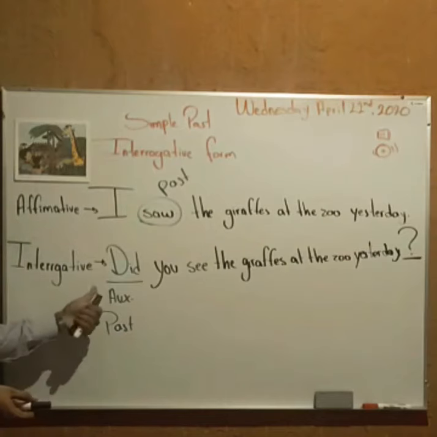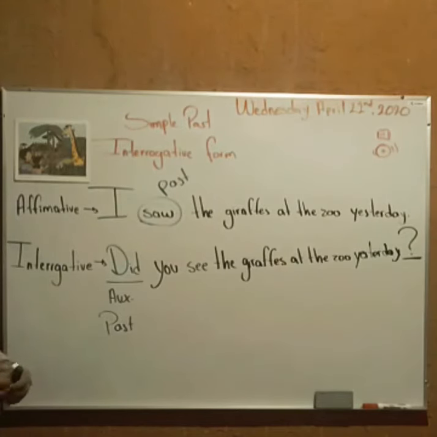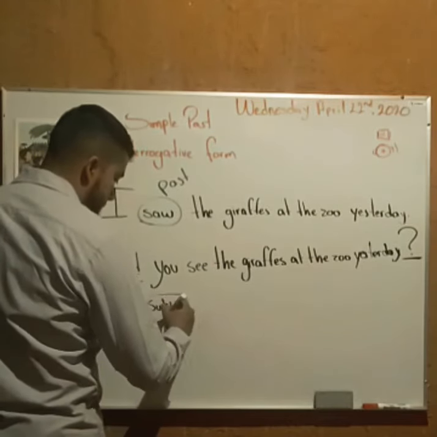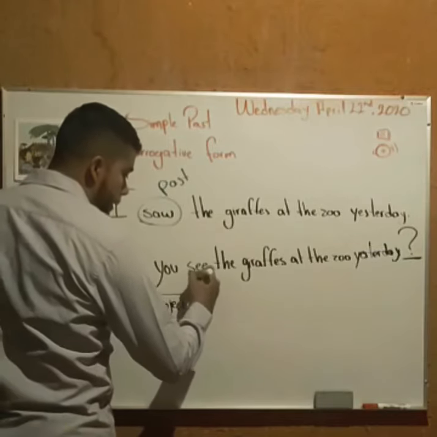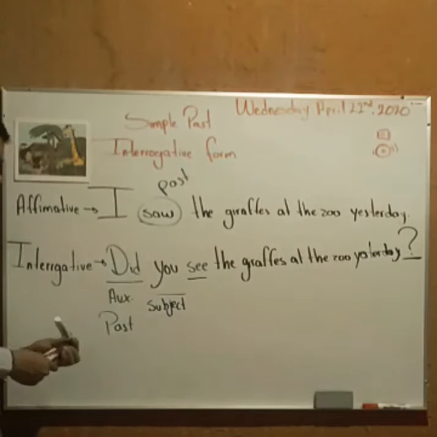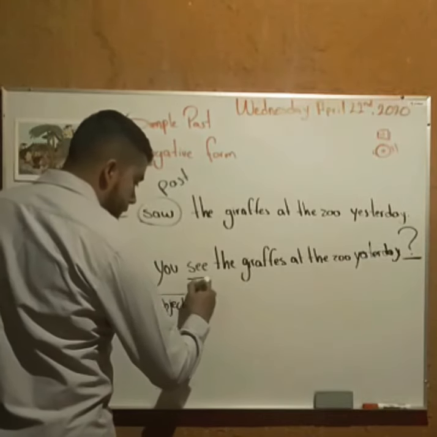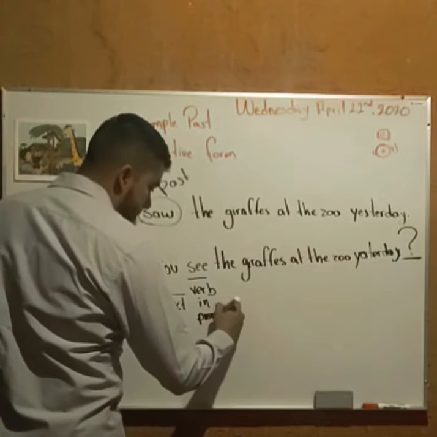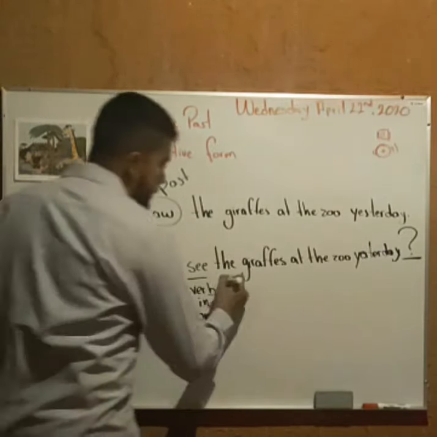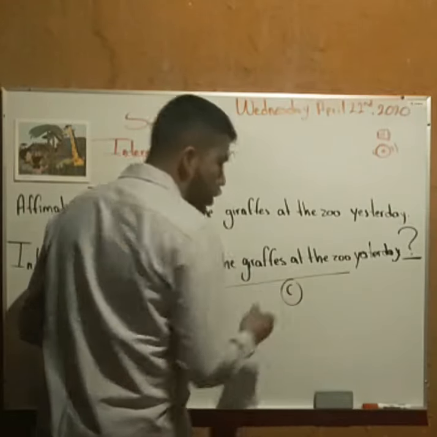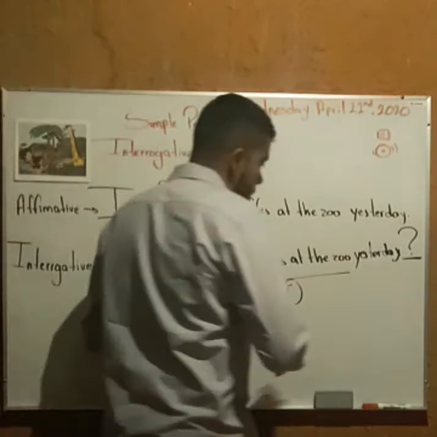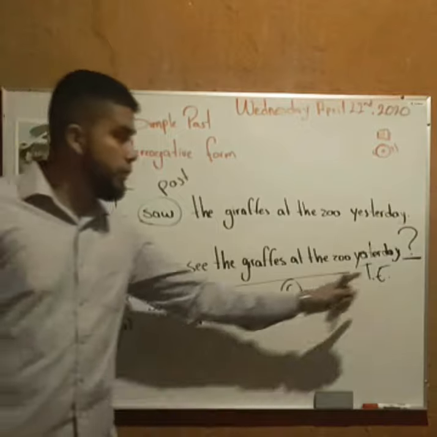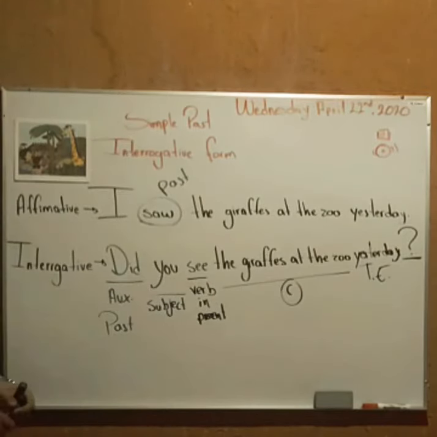Very easy. We only included our auxiliary in past, the subject, the main verb of the action, but in present, complement, and time expression, and at the end, the question mark.